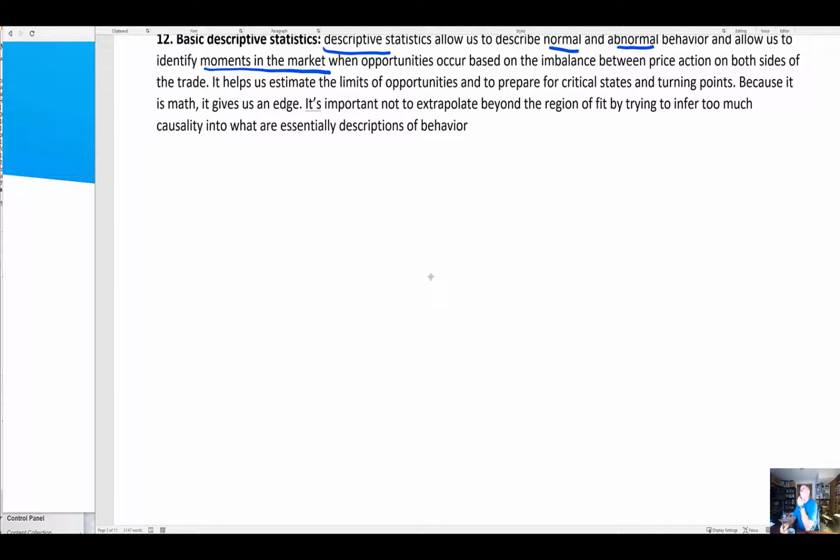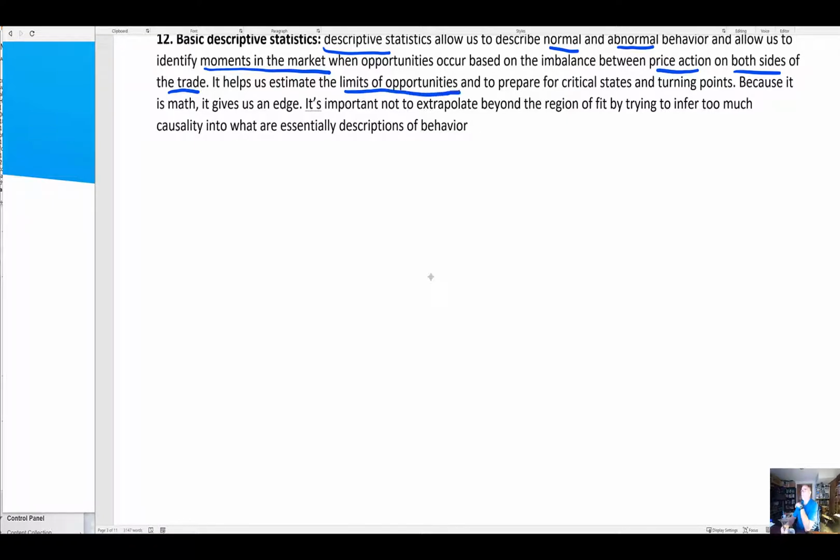When opportunities occur based on the imbalance between price action on both sides of the trade, meaning one or the other has gone abnormal. It helps us to estimate the limits of opportunities.